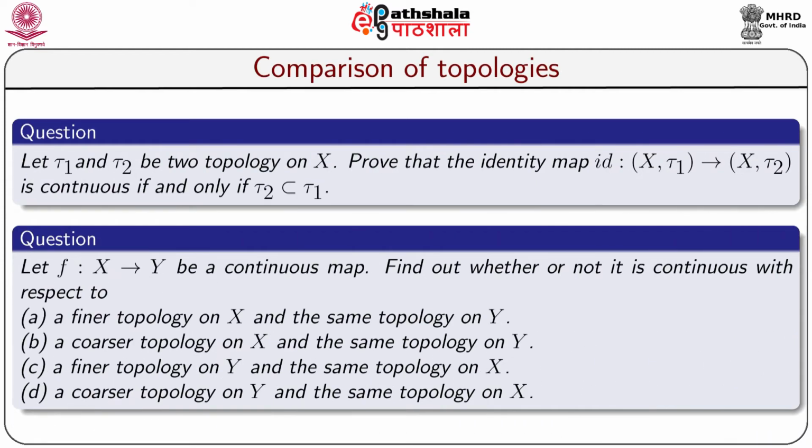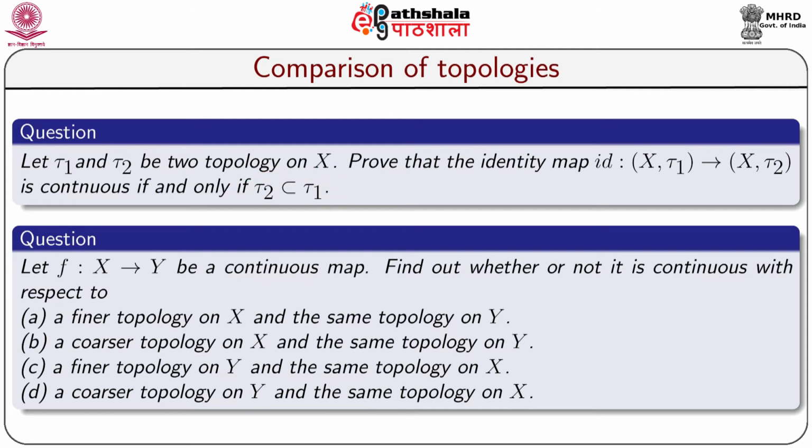Using this continuity criteria, we can compare topologies. Let us see first the following question. Let tau 1 and tau 2 be two topologies on X. Prove that the identity map ID from (X, tau 1) to (X, tau 2) is continuous if and only if tau 2 is contained in tau 1.